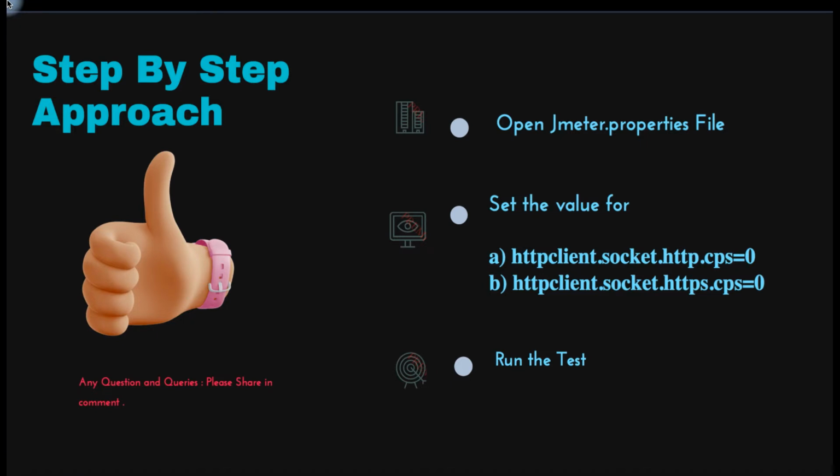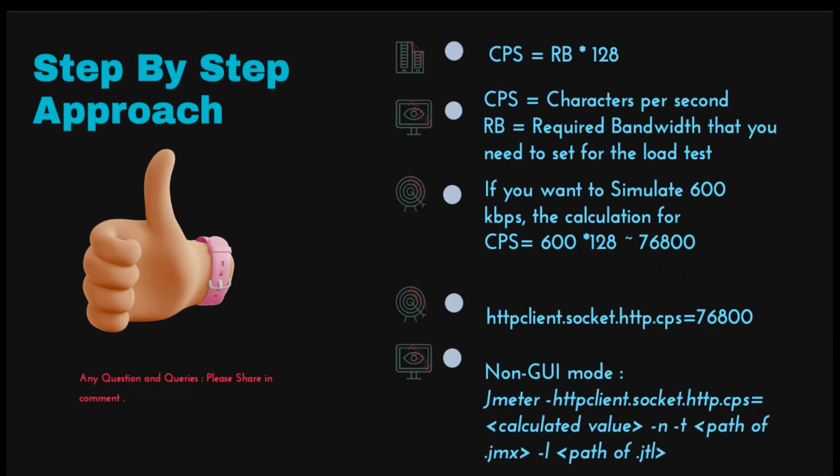Before moving on, I want to give you some more details about the CPS calculation. CPS is RB multiplied by 128. CPS stands for characters per second, as I mentioned, and RB equals the required bandwidth that you need to set for the load test.